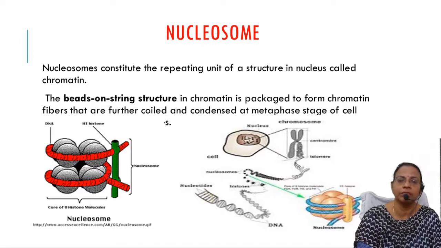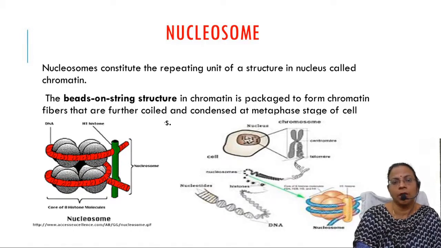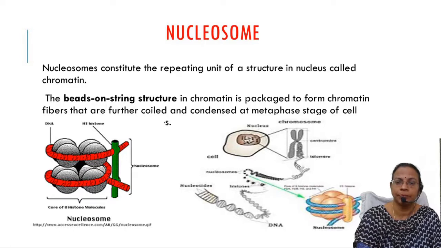In a typical interphase cell, the DNA along with the histone octamer in nucleosome organization is always arranged in that form, and that is called chromatin material. But when the cell is about to enter division, towards the end of prophase, condensation of chromatin fibers will take place.